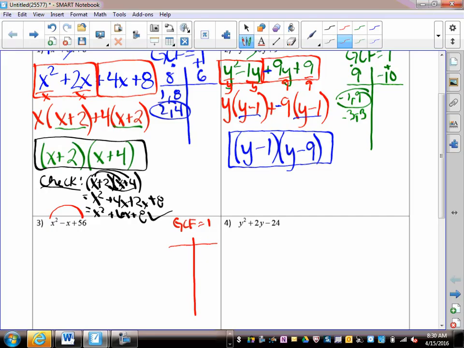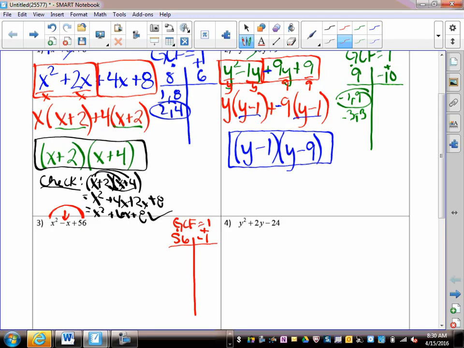Oh, never mind, I messed up. I was going to say 7 times 8, but let's figure out the table here. Well, 56 and negative 1. So it multiplies to 56 and adds to negative 1.